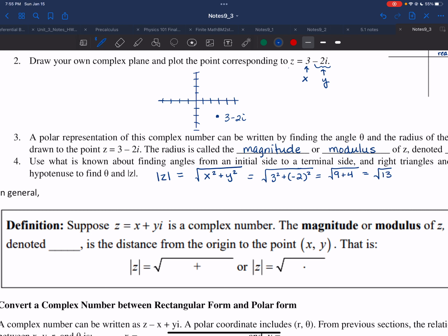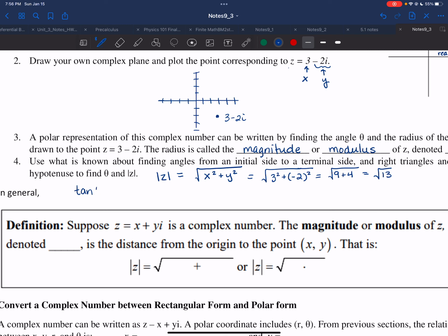And we know to find the angle that my x and y components are the arms of a triangle. And so one is the opposite and the other is the adjacent. So my y is my opposite and my x is my adjacent.